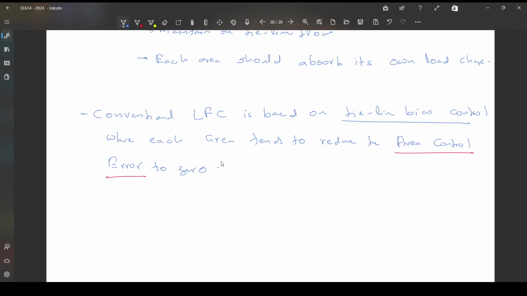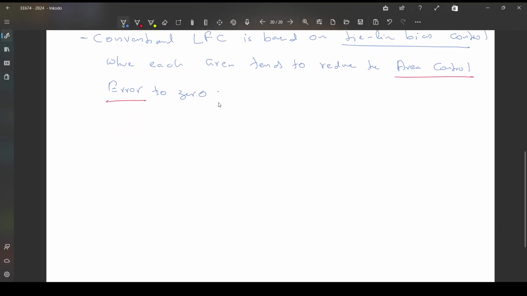So this area control error, or what we call the ACE, is basically the linear combination of the frequency and the tie line error.